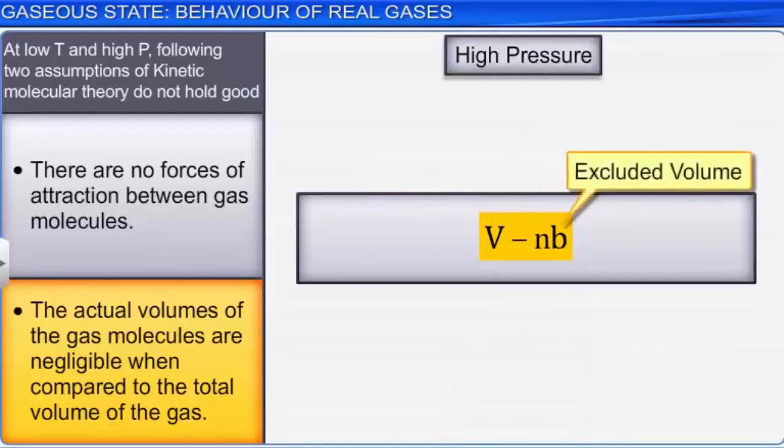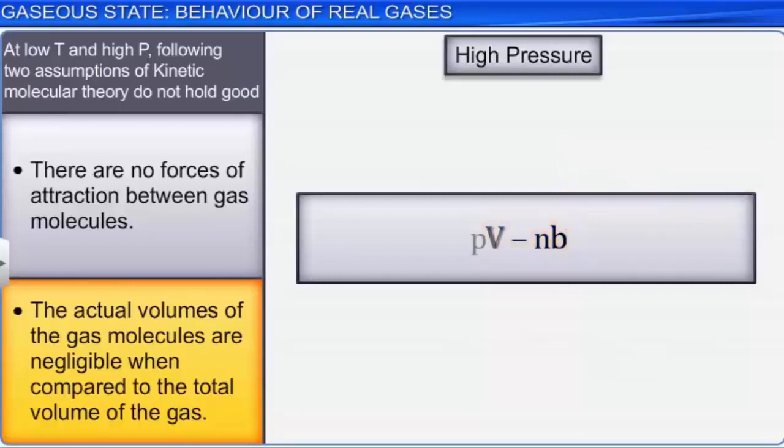After substituting the two corrections of pressure and volume in the ideal gas equation, PV is equal to nRT, we get P plus a n squared by V squared multiplied by V minus nb is equal to nRT. This equation is known as van der Waals equation.